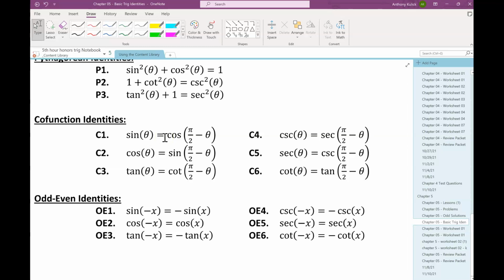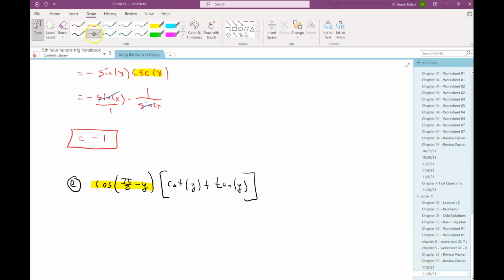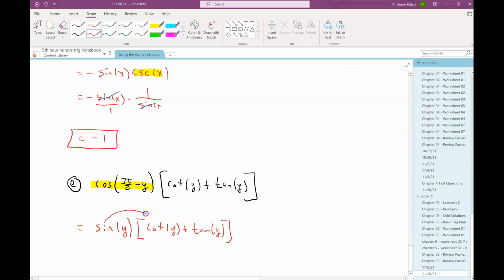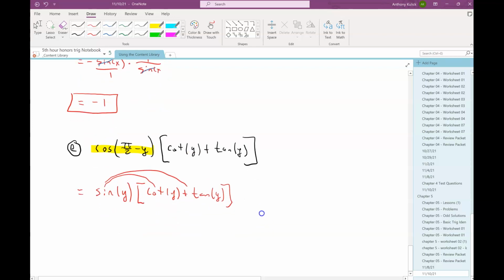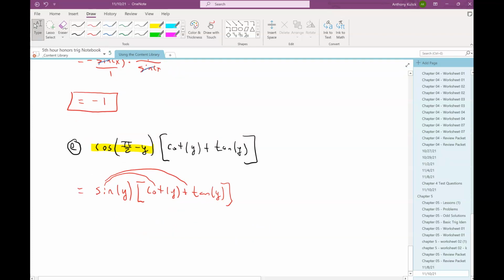So that's what I'm going to do first. And then I'll distribute the sine through. Does that feel okay?